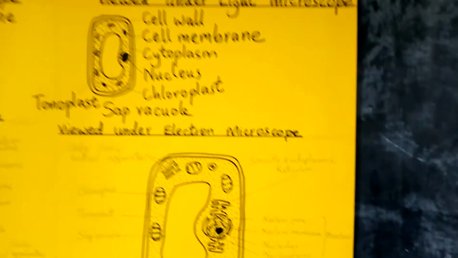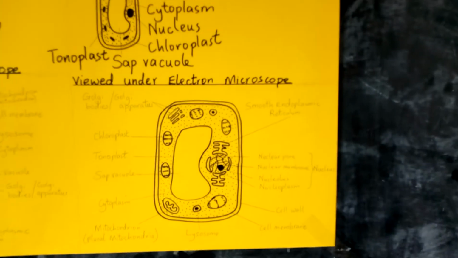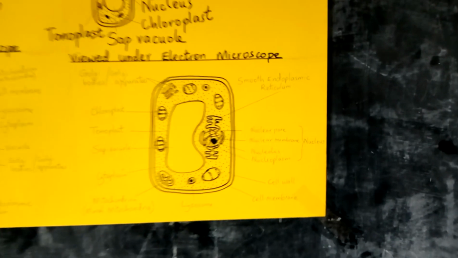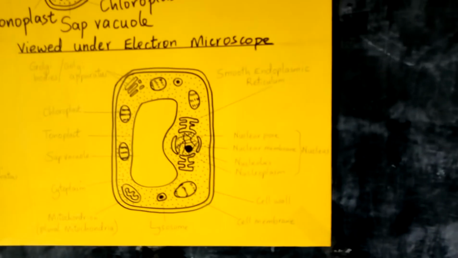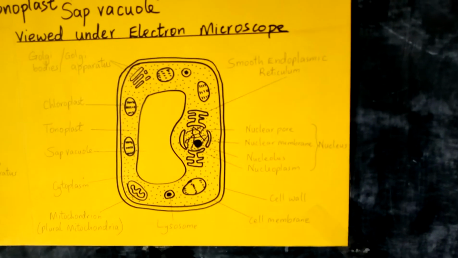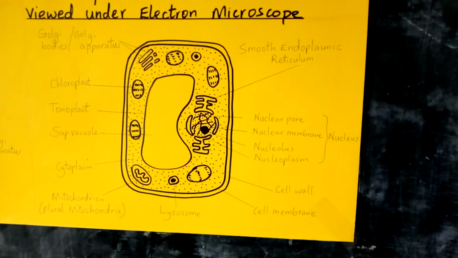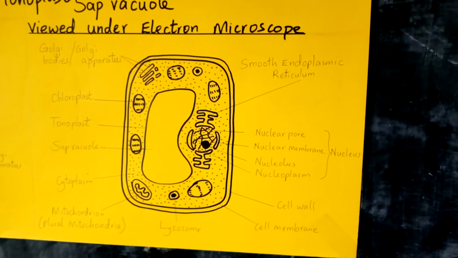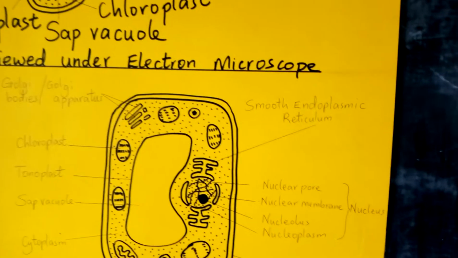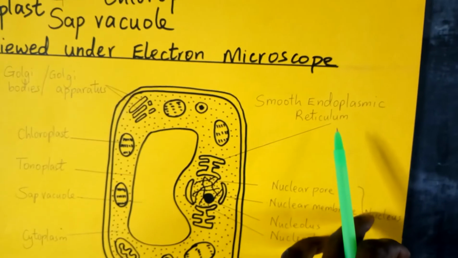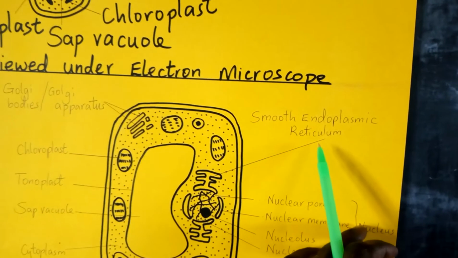When we look at the same cell, that is the plant cell, in an electron microscope, we'll be able to see several other parts that we couldn't see when we were looking at it under the light microscope. The reason remains the same. Let us look at the parts that we'll be able to see. The first part here, according to my chart, is the smooth endoplasmic reticulum.